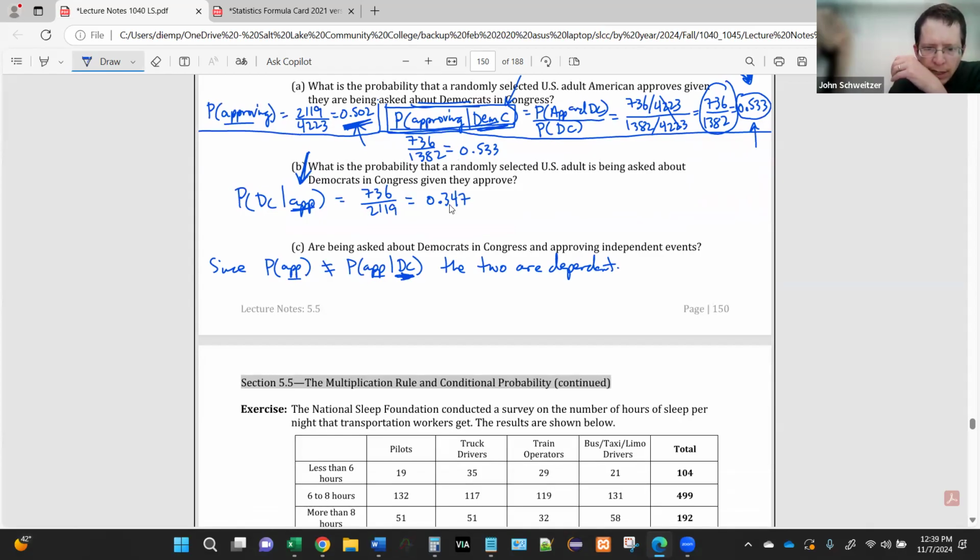It was done by the National Sleep Foundation, and everybody in this study worked in one particular field. They're all transportation workers. Some are pilots, some are truck drivers, some are train operators, and then some are bus, taxi, limo drivers.